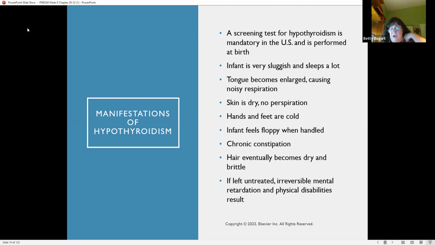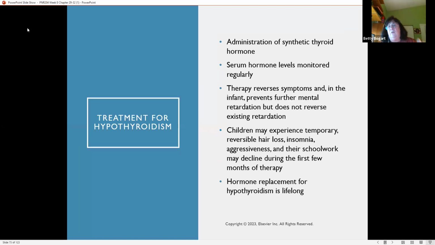Again, in children, we need to treat the hypothyroidism. Synthroid is the name of the medicine I was thinking about. Usually it's the one that they use. And again, we need to give it so they don't have permanent cognition problems and growth problems. When we give Synthroid or these thyroid hormones, they need to monitor those drug levels.